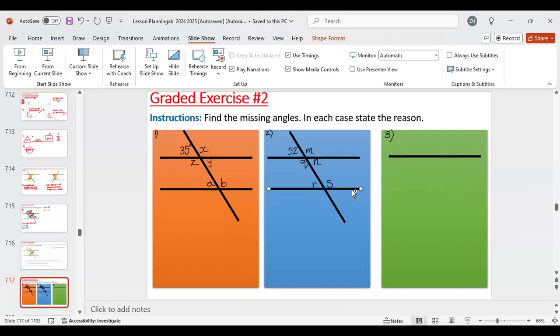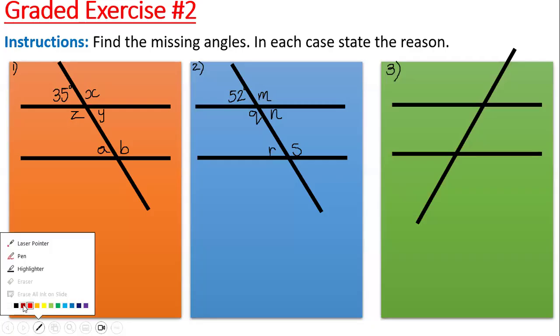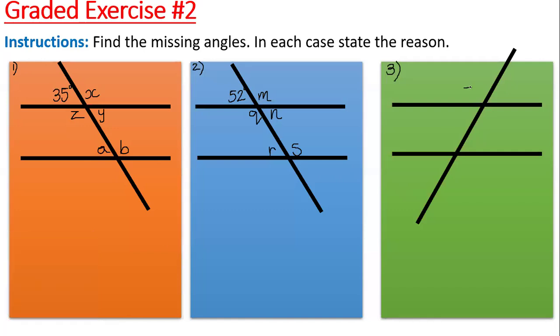So all right, let's say we have 53 and 27.